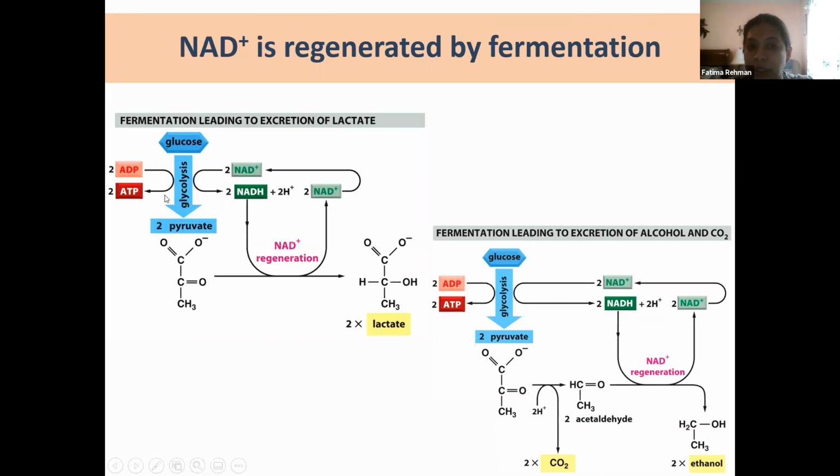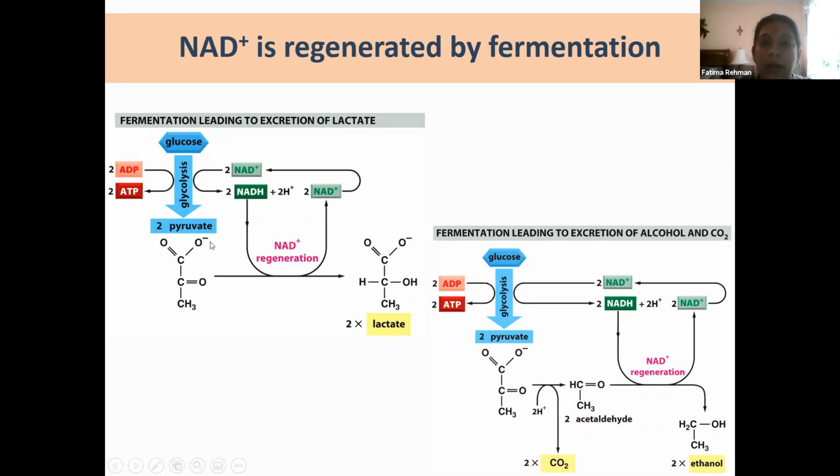So in fermentation, you take your pyruvates and you are again going to be generating some ATP, but the majority of the system is going to be through NADH. You take in NAD plus and convert it into NADH, along with some protons.